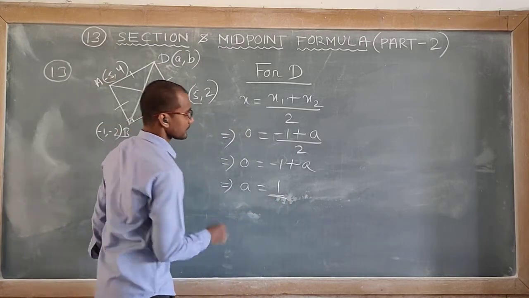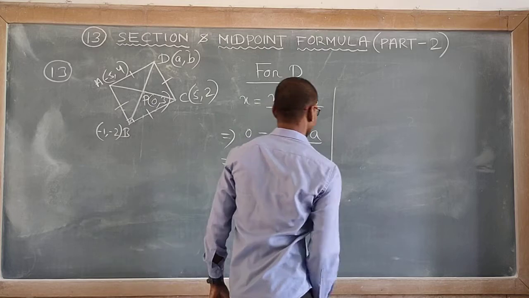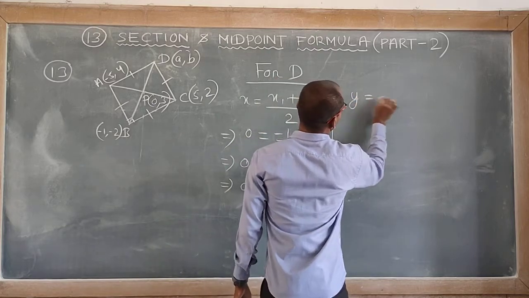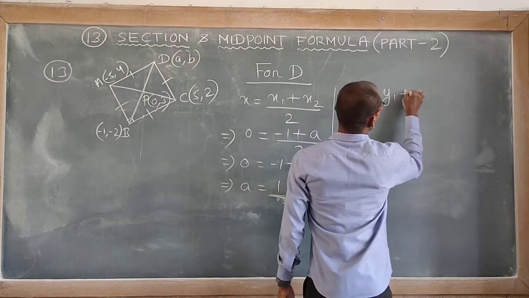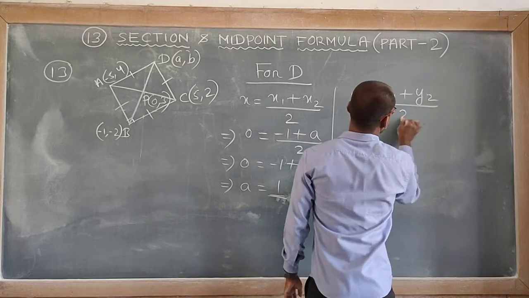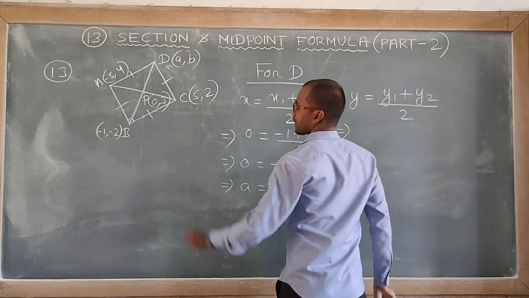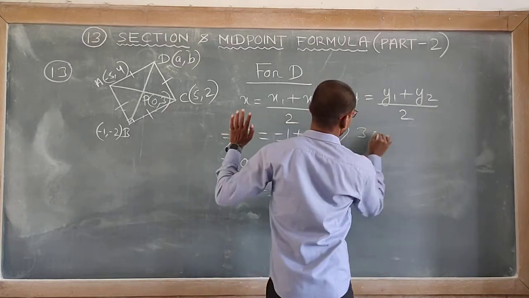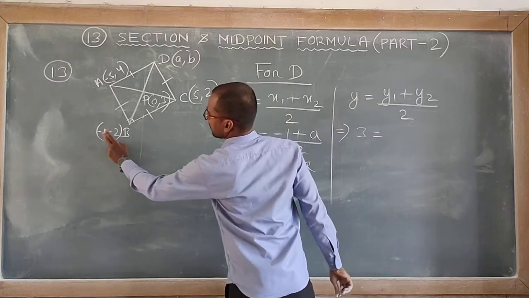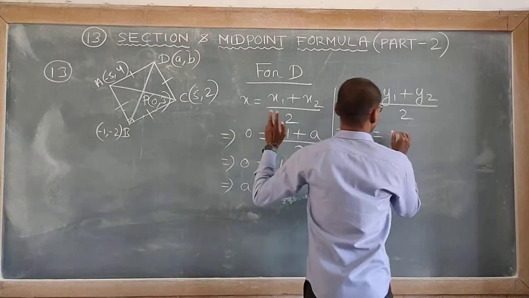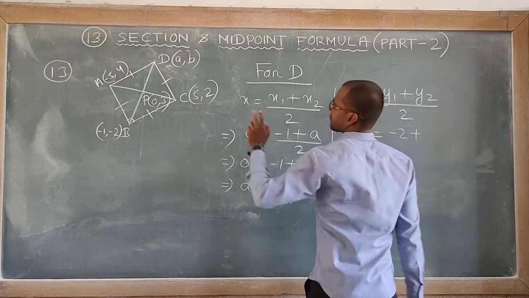We got a. Now let us find b. Y is equal to y1 plus y2 by 2. What is y? 3. What is y1? Minus 2. What is y2?